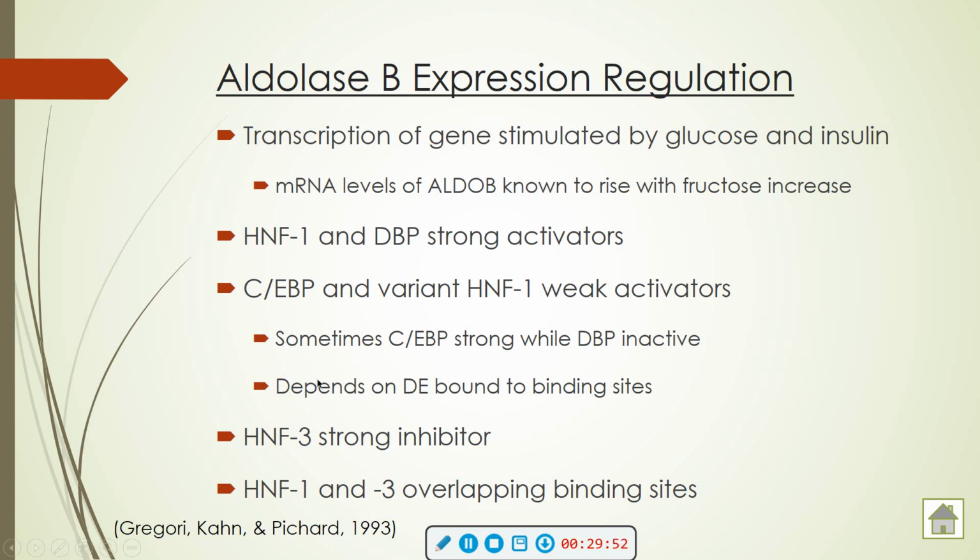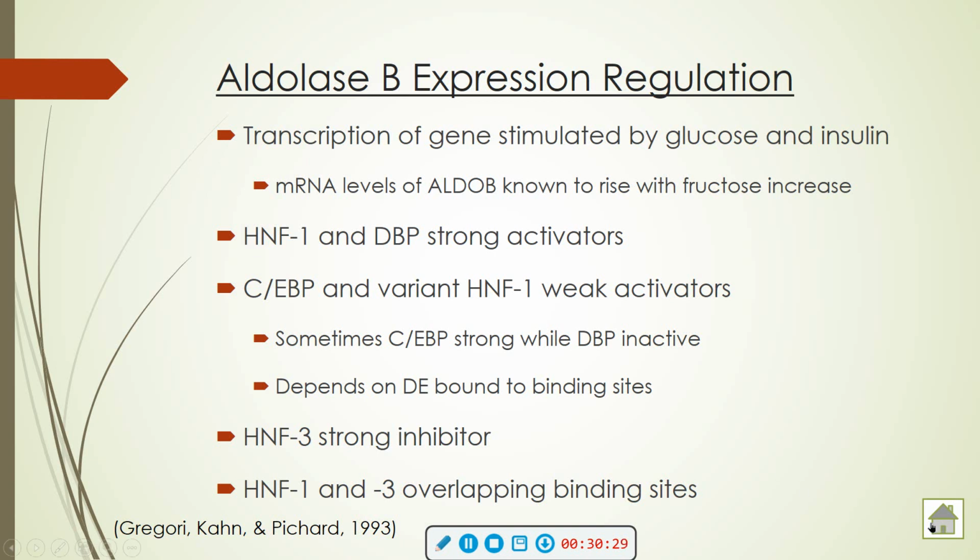So if we didn't have the enhancer binding protein and the D element binding protein, these things would not happen, because since HNF1 and 3 overlap, this is an inhibitor while this is an activator. They could be fighting over each other, back and forth, back and forth. So without these other elements, our body wouldn't be able to do what it needed to do to fight off foreign bodies trying to attack us.